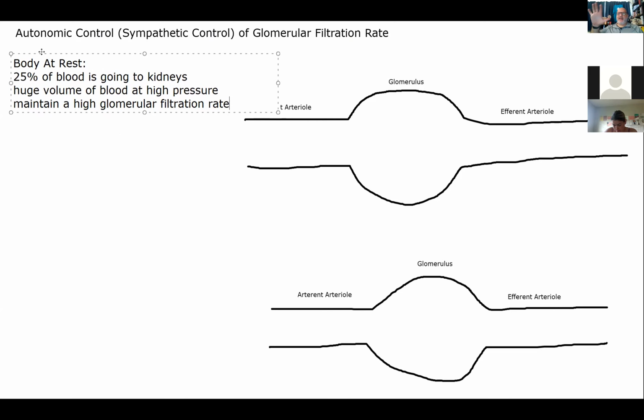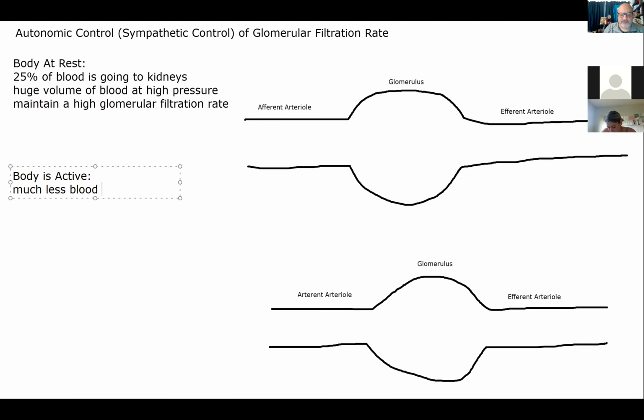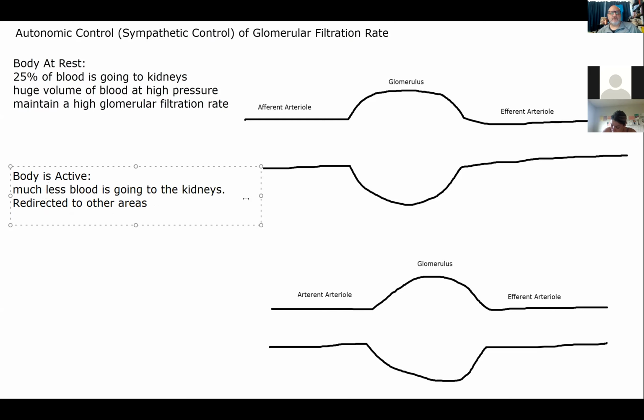So at rest, everything in our glomerulus is fine. However, as we've talked about, when the body is active, much less blood is going to the kidneys, because it's being redirected to other areas, right?